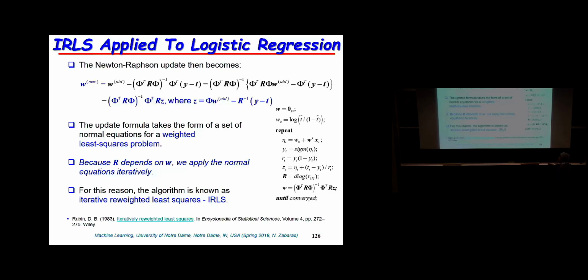Immediately when you look at this formula, it looks like least squares, because in least squares you have (phi transpose phi) inverse times phi transpose some vector. But there is an R there, and that's why it's a weighted least squares.